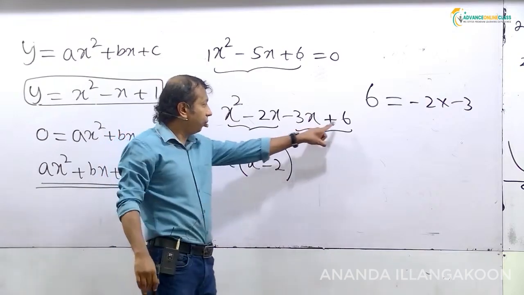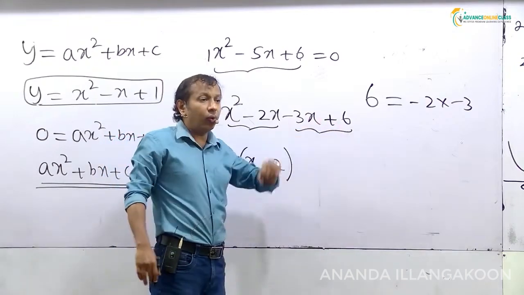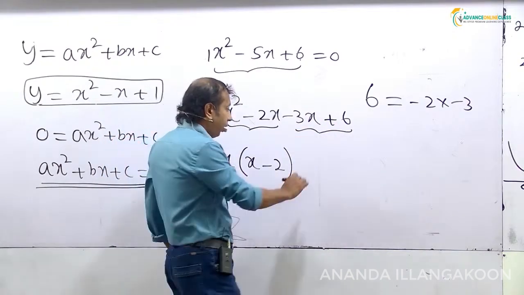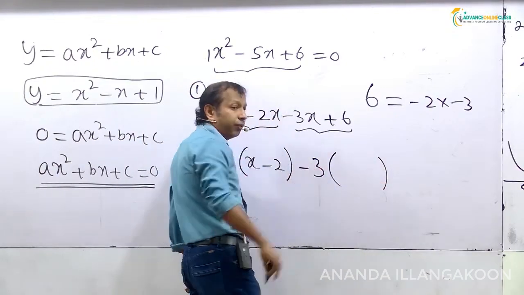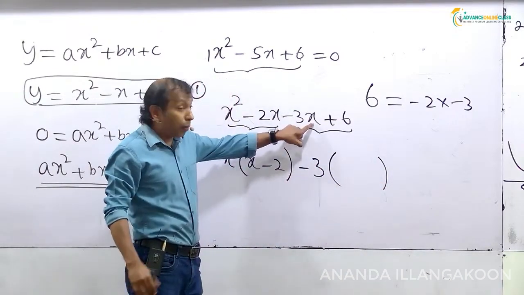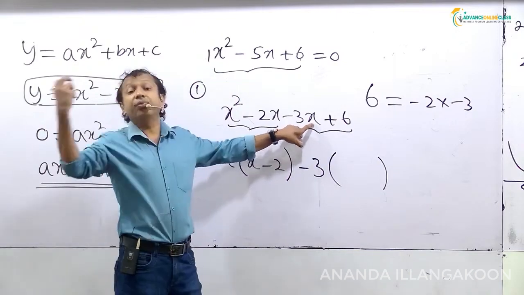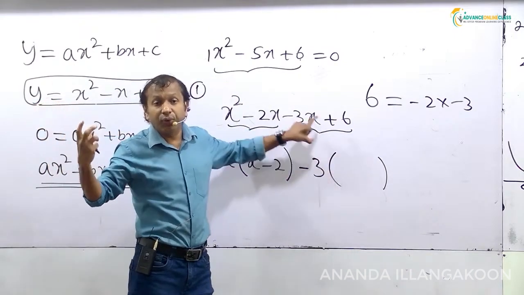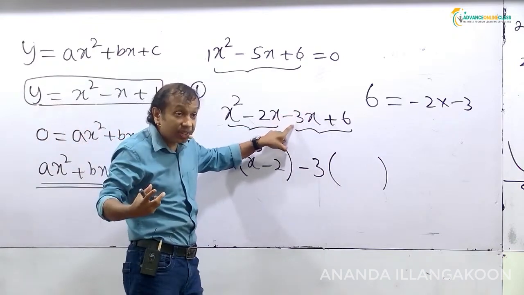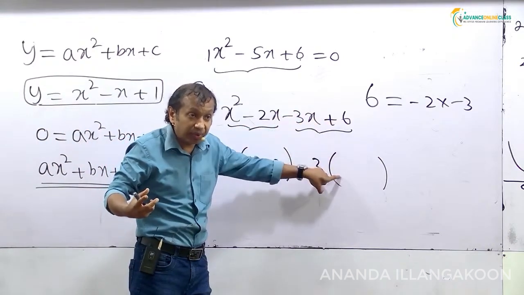Tell me, for this, 3 is common. We take 3 out. And also we take the minus sign out. Remember, when you take a minus sign and something out as a common factor, inside the bracket you have to change the signs to write the bracket.